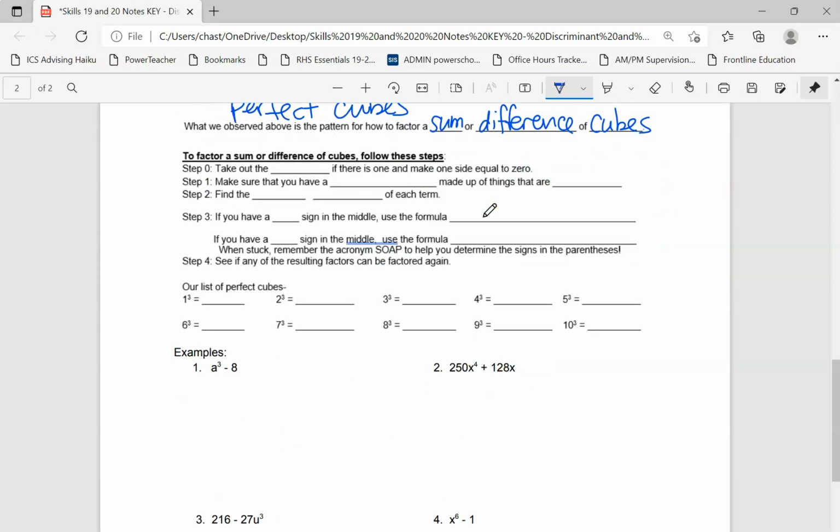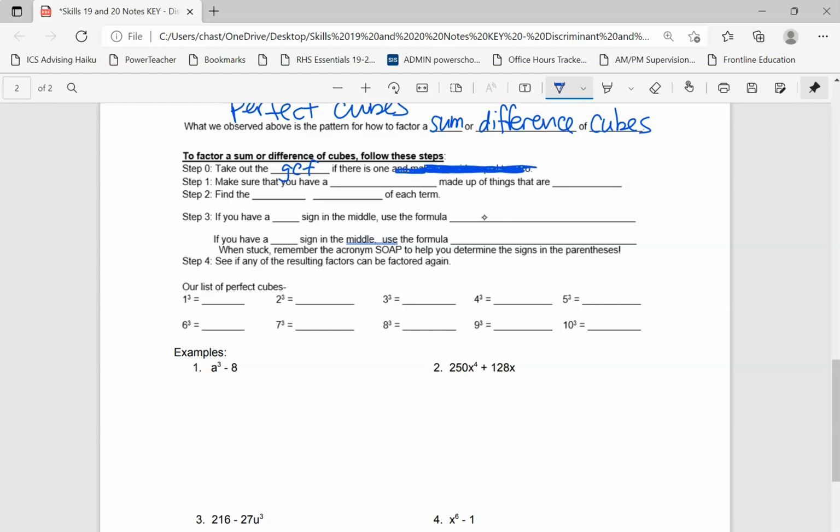Alright, so to factor a sum or difference of cubes, the first thing you want to do is take out the GCF, if there is one. Okay, and we actually don't have to make one side equal to 0 because we're only factoring, so I'm going to cross that out.